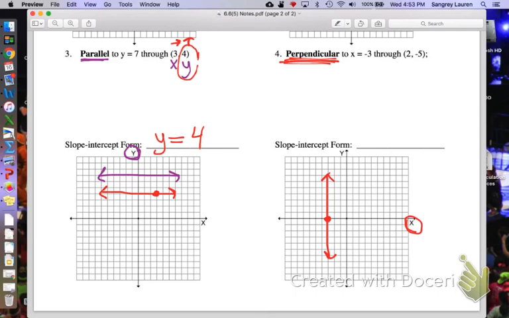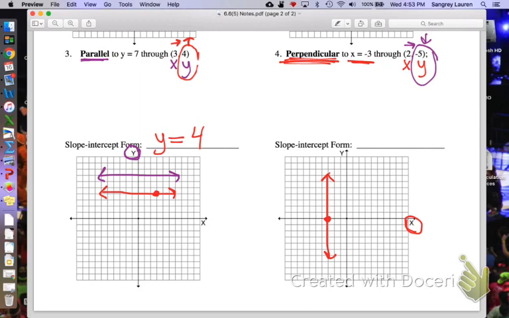The problem wants it to go through the point 2, negative 5. So x is 2 and y is negative 5. If this equation is already an x equals equation and we want it to be horizontal, we know that it needs to be a y equals equation. So our point needs to be to the right 2 and down 5. So I'm going to find that point.